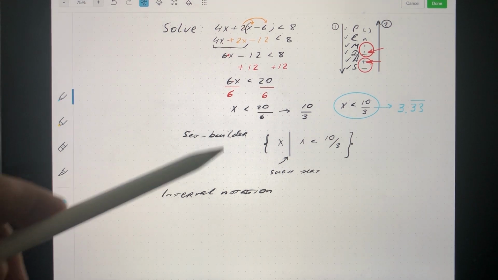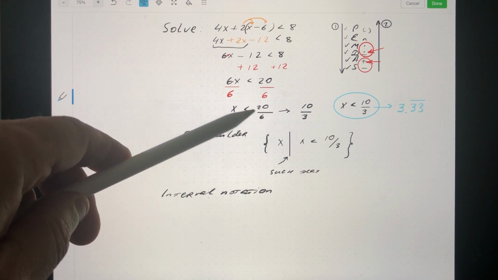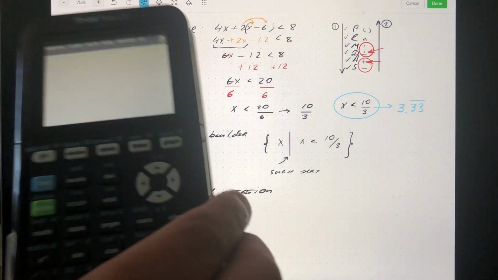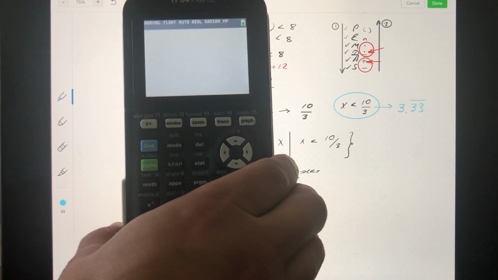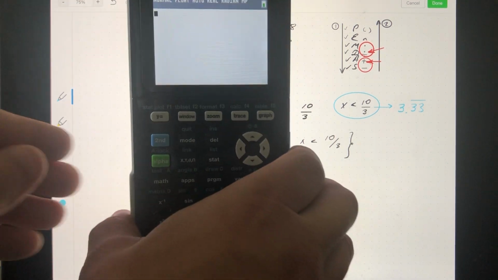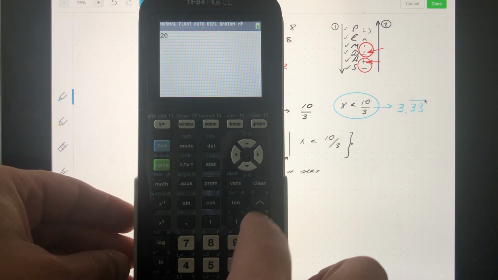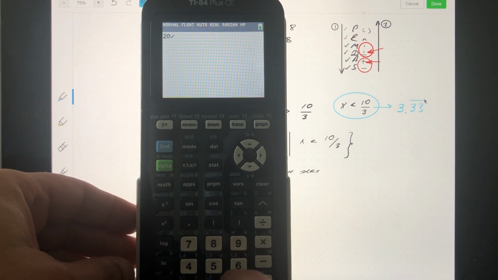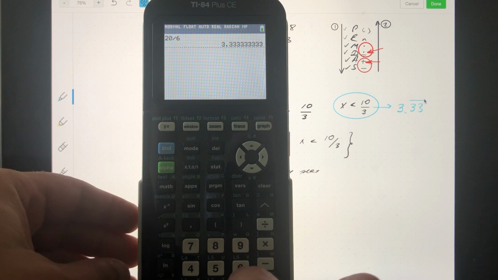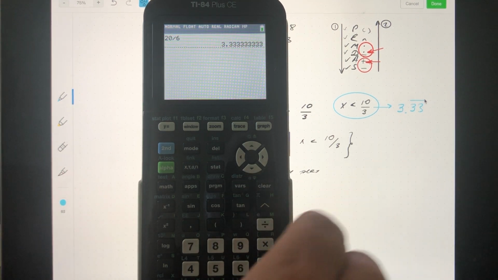And I could obtain this answer by using the calculator. First, if I wanted to reduce this 20 over 6 using the calculator, I could do that. So here is the calculator, and let us use it to reduce. So here is 20 divided by 6, and we have that decimal 3.333.